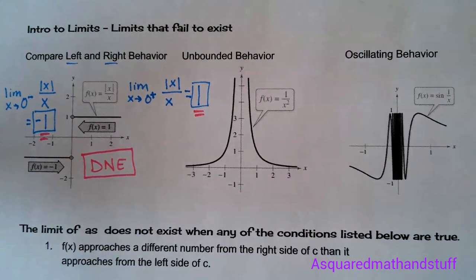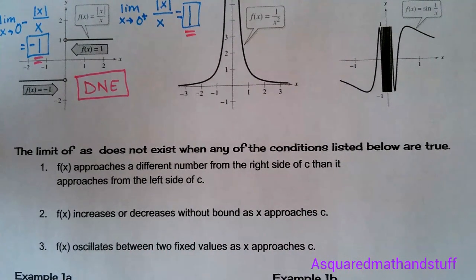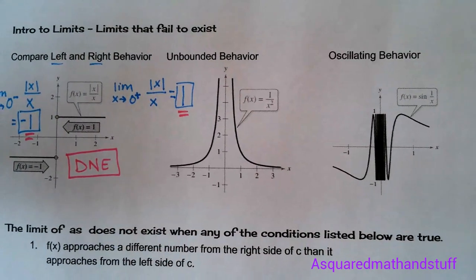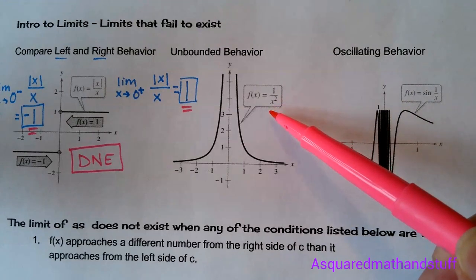The second behavior is unbounded behavior. Let's read that: f of x increases or decreases without bound as x approaches some constant c. The graph I have here to demonstrate is 1 over x squared.